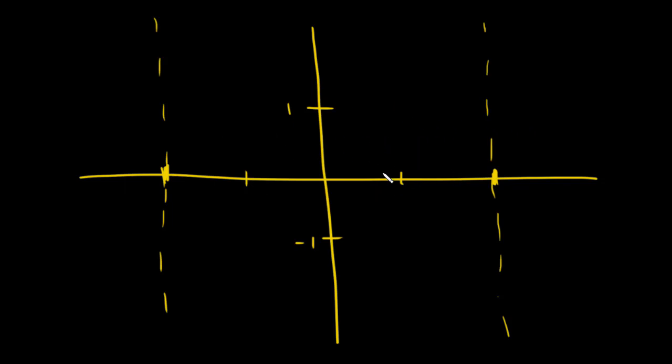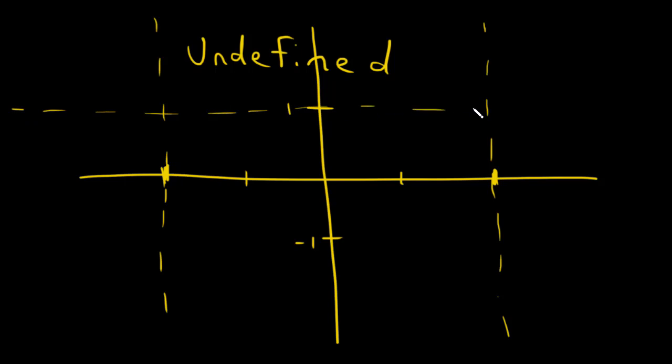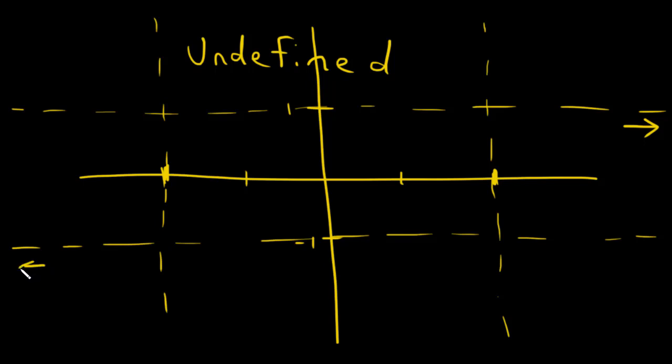And I know that this area between -2 and +2 is undefined. So there is nothing inside of here. The graph does not exist for these x values. Okay. Now I also know I've got a horizontal asymptote at y equals 1 as I head out to positive infinity, and I've got a horizontal asymptote at y equals -1 as I head out to negative infinity.